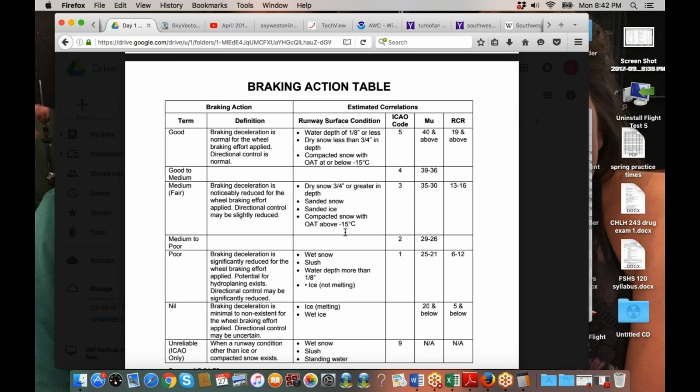So that's kind of why we have this -15. At that point, it doesn't melt as much with the pressure, and so we don't end up as slick. That's kind of a weird one, not something that people typically think of. But pressure actually does melt ice to an extent, or helps to increase the amount it's melting. So that's why we have that there.